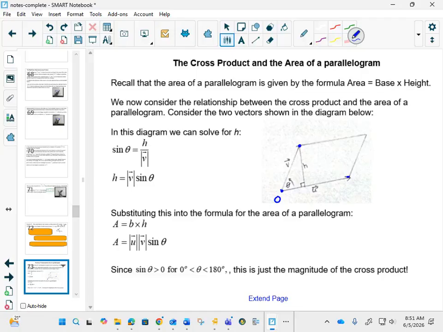So if I wanted to find the area of that parallelogram using regular math, I would have to figure out those lengths, because I'll need the length of u. I need to find the height, and if I know theta and I know this length, then I can use sine, opposite over hypotenuse, to solve for h.